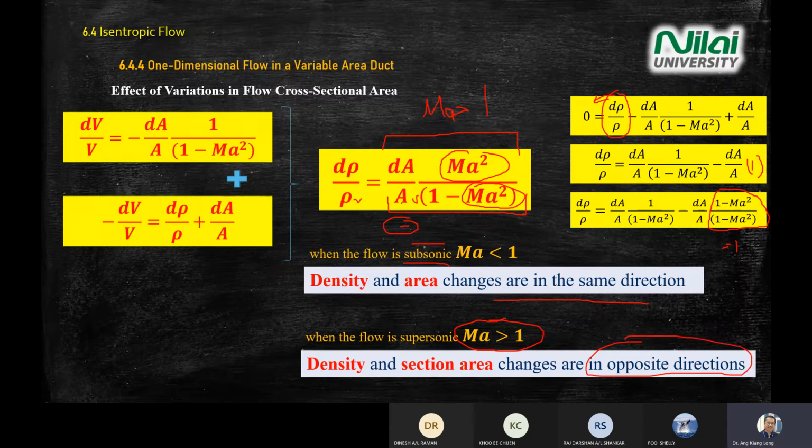If you increase area, density will drop, and so on. However, for Mach number less than 1, if you increase density, area will increase, and so on. So this is basically playing around with this mathematical model.